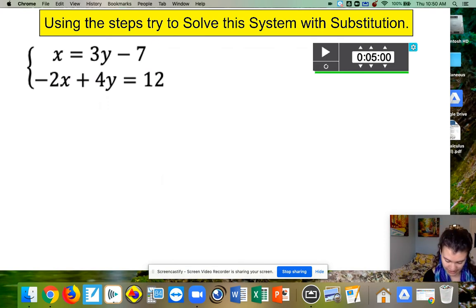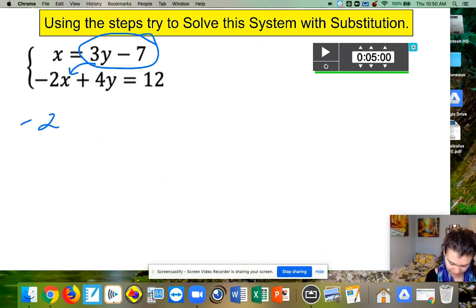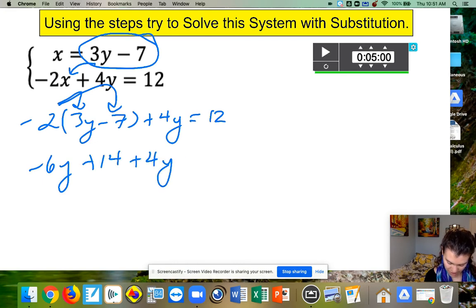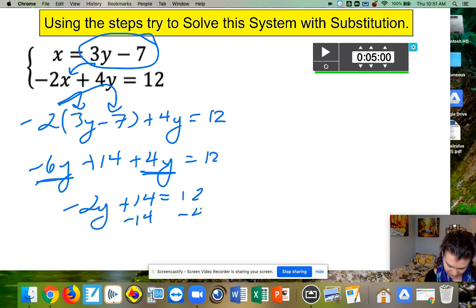All right, so here we can take this and plug it in for our x right there. You get negative 2 times 3y minus 7 plus 4y equals 12. Distribute your negative 2 in, negative 6y plus 14 plus 4y equals 12. Combine like terms, negative 2y plus 14 equals 12. Subtract 14.